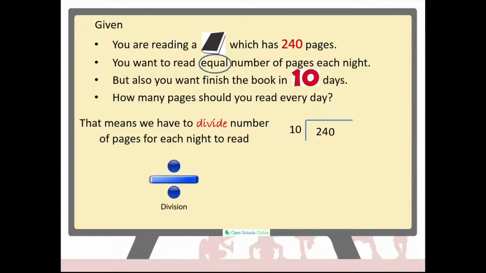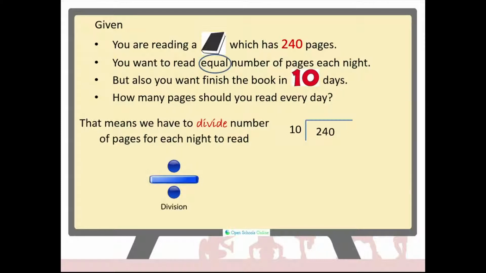Now we have to either get 24 or less than 24, or as close to 24 as possible, by reading 10's table or multiplying 10 by a number. We already know 24 does not come in the table of 10.